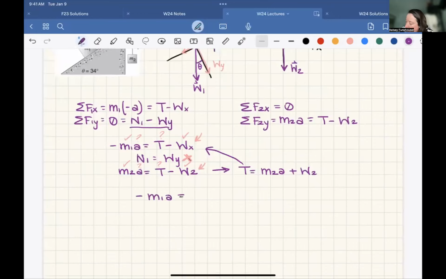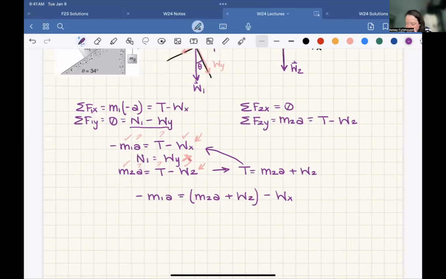Negative m1 times acceleration, and then I'm going to plug in for tension here, which is mass 2 acceleration plus weight 2, and then we're subtracting the x component of the weight for 1. I don't love my choice for this because there are annoying negative signs.